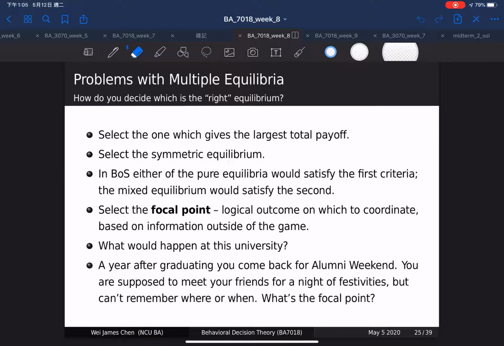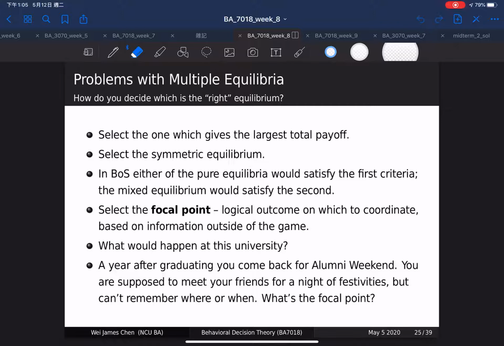Okay. And the third way of doing so is to select the so-called focal point. You can think of it this way. Suppose you and your best friend are gonna meet at a train station, but you forgot to bring your cell phone.